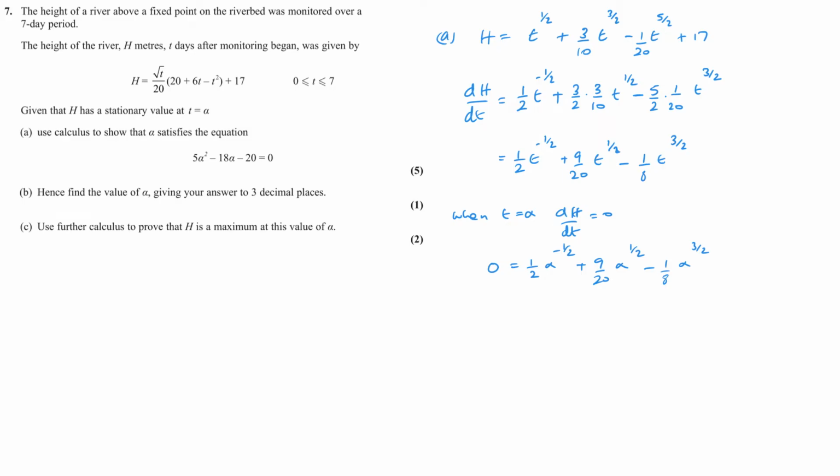Now we've got a little bit of tidying up to do here. So this alpha to the minus half would be like on the bottom. So if I multiply through by alpha to the minus a half, so I'm multiplying through by alpha, sorry, to the positive a half.